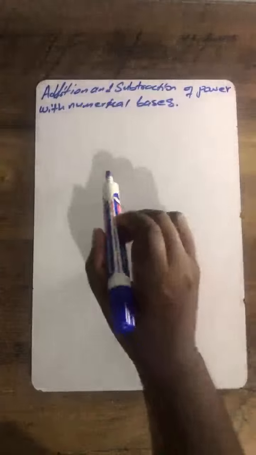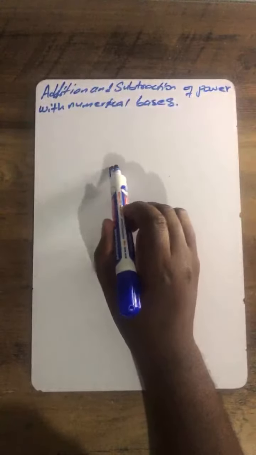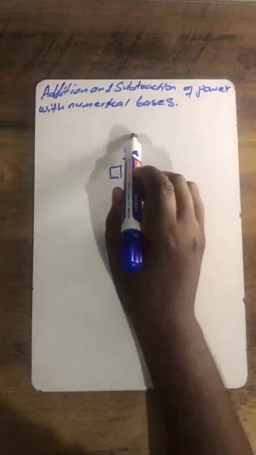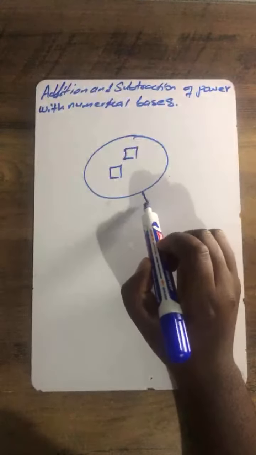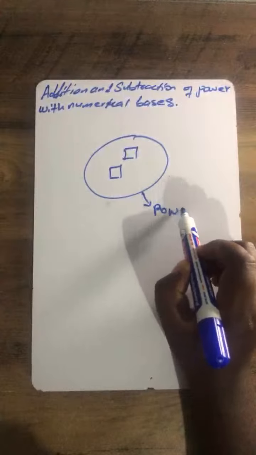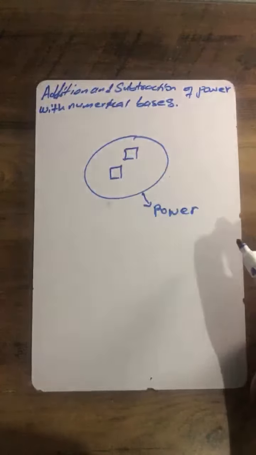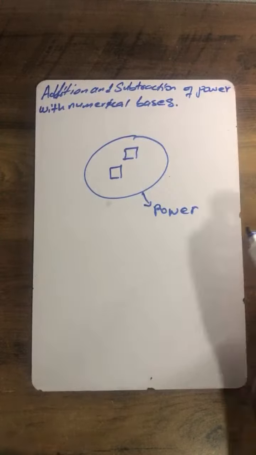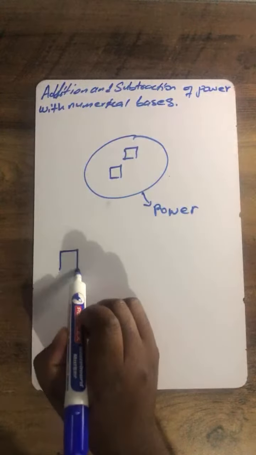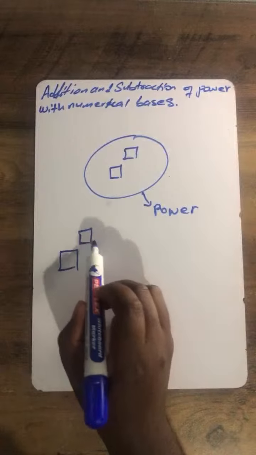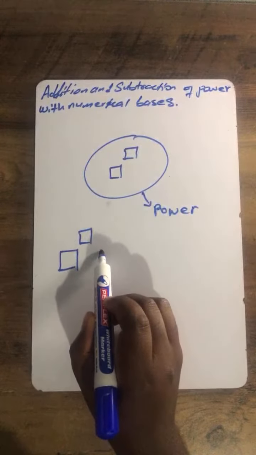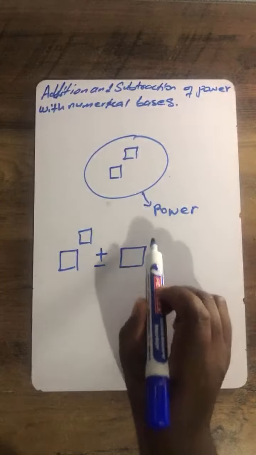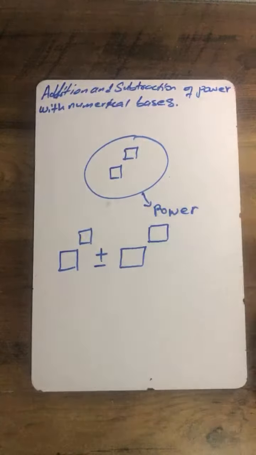What is a power? A power is something that has a base and an exponent. This is what we call a power. So according to that statement, I'm saying additions and subtractions of powers. That means you're going to have a base and an exponent, where you either add or subtract another base with an exponent.